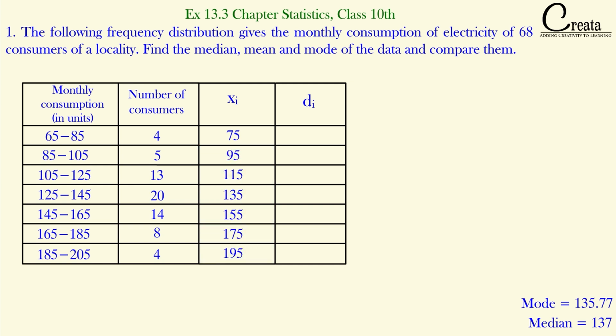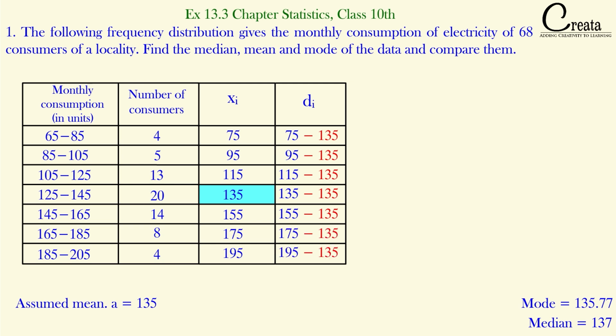We generally take the middle number as the assumed mean. Here we will take 135 as the assumed mean, which is A. But you are open to take any of the values as the assumed mean. The answer will not change. Okay, so we got A as 135. The next step, we will calculate the deviation. We will subtract our assumed mean from all these values.